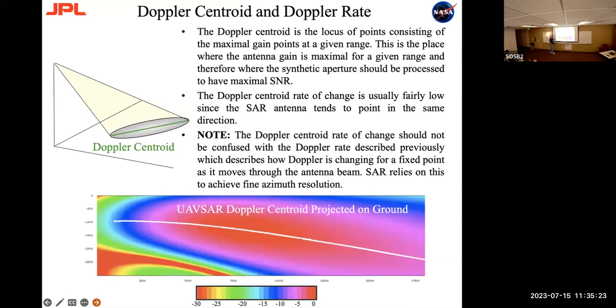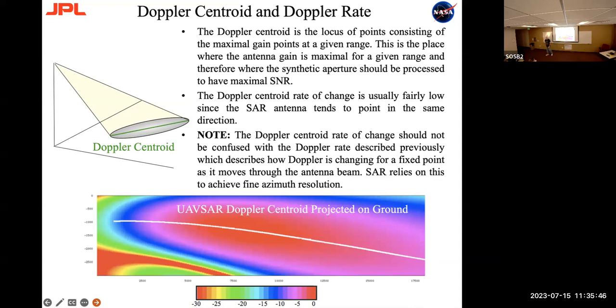This is typically not changing as a function of time. If I'm pointing my beam in a fixed geometry relative to my flight path, the Doppler centroid does not change. The Doppler history is always changing, it's a function of time. The Doppler centroid is not a function of time; it's related to whether I'm pointing forward, backward, or broadside to the radar.